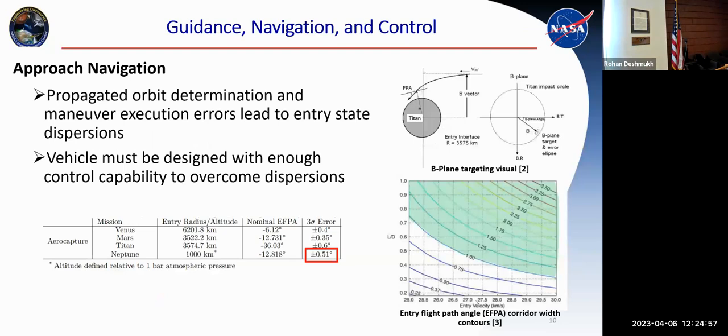The idea is that if, let's say, the entry flight path angle is much bigger than the space that we have that we can control, then we know that there's going to be portions of it where it doesn't overlap, where it's going to fail because we don't have that control. Okay. Yeah. So you've got half a degree to work with, it looks like. Yeah, it's really small when you think about it, but yeah.